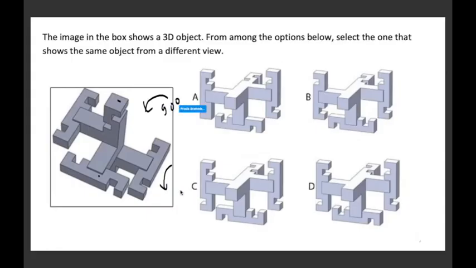And then after that rotation, it is rotated along the XY axis by 180 degree. So that's why this comes in the front, this goes at the bottom, and then it gets rotated again by 180 degree because of this orientation.